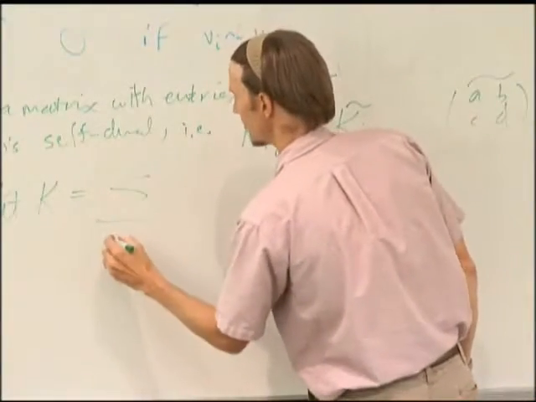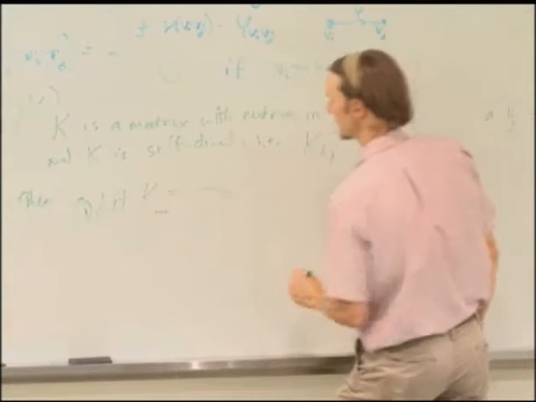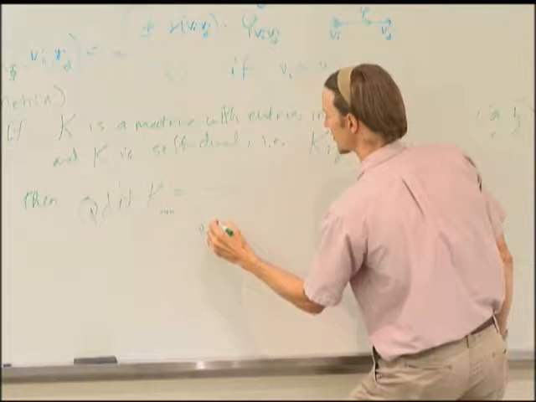This is an n by n matrix. Take the sum over the permutations.